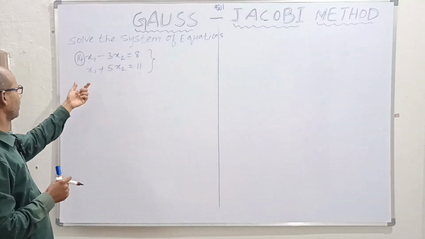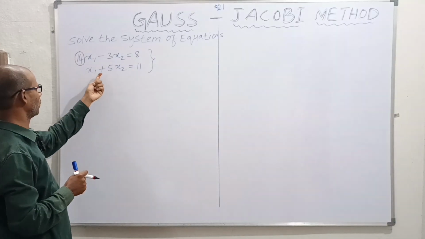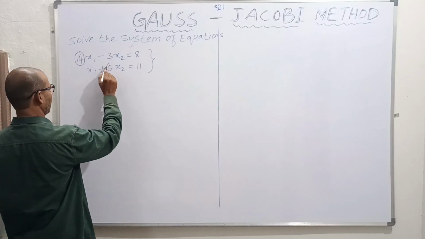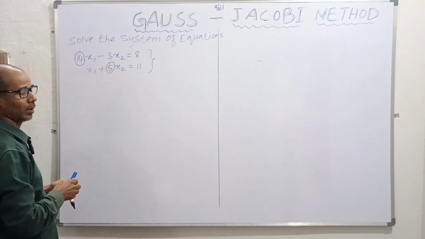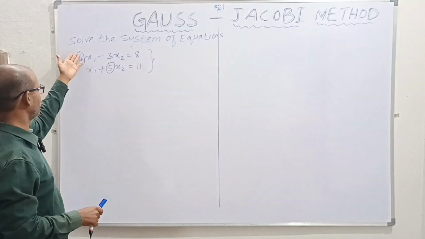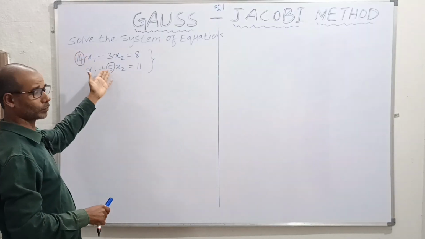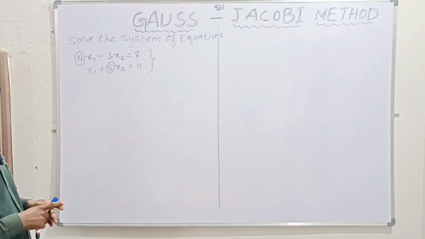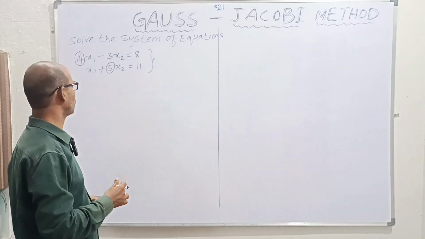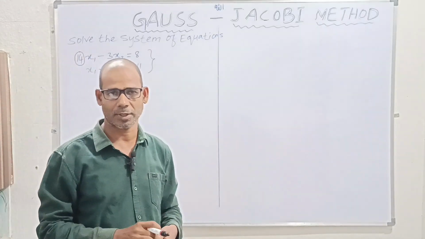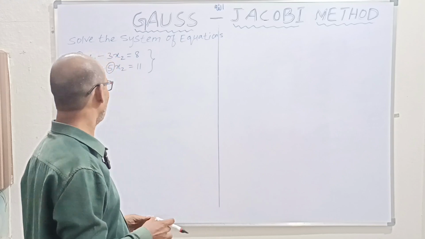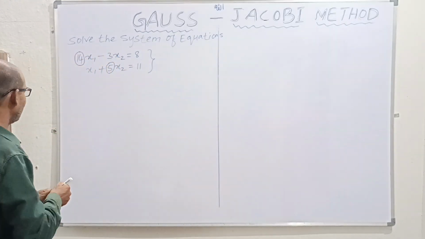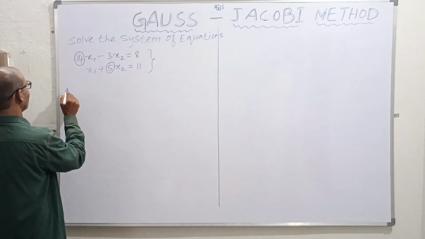In the second equation the coefficient of x1 is 1 and of x2 is 5, so 5 is the highest. So in this system the diagonal coefficients are dominant. To solve such systems, we use the Gauss Jacobi method.